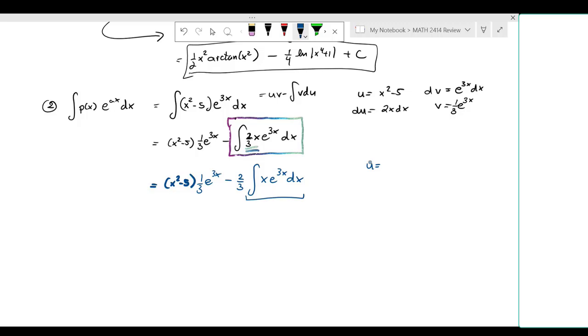And we're just applying integration by parts again, where we have polynomial x and exponential e to the 3x. Take the derivative and antiderivative.